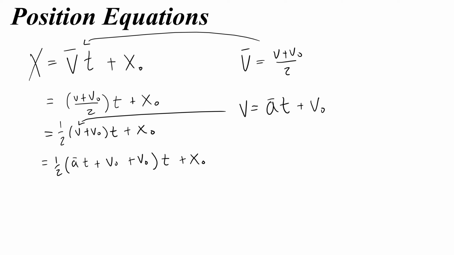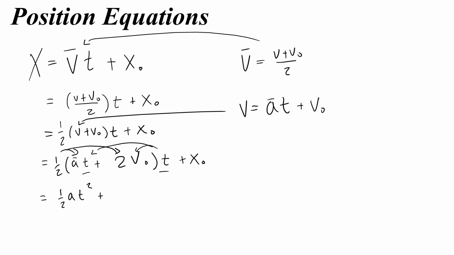Now I'm going to do a few simplifications. The first thing I'll do is combine these so that I get plus 2 v naught. And then I'm going to distribute the 1/2 and also the t. So I'm going to get 1/2 at times t, so t squared.